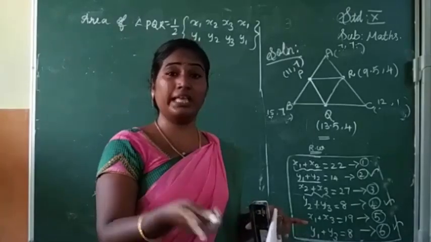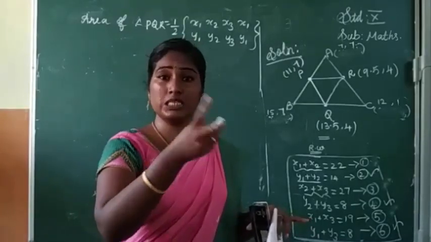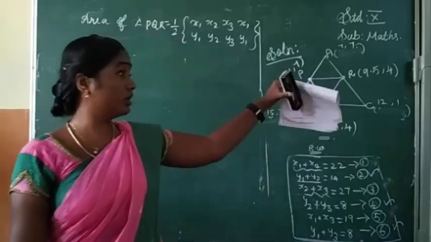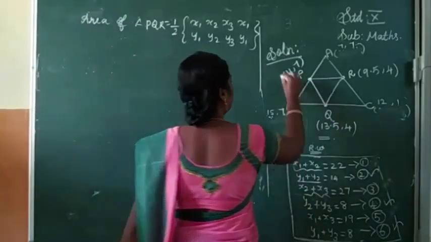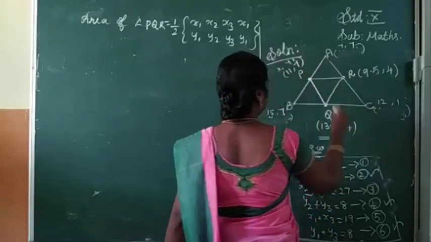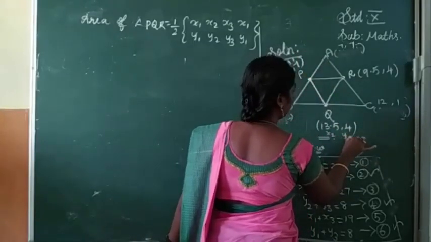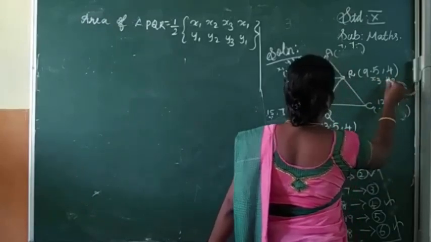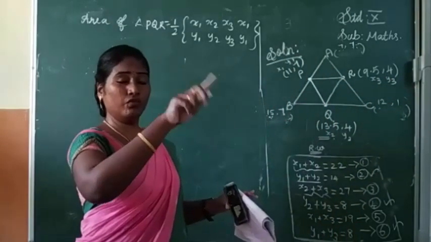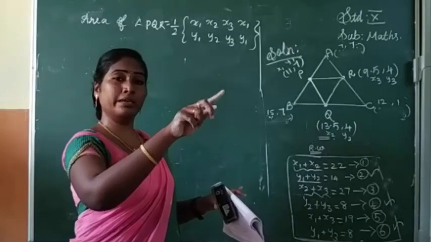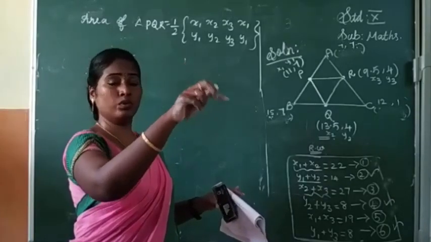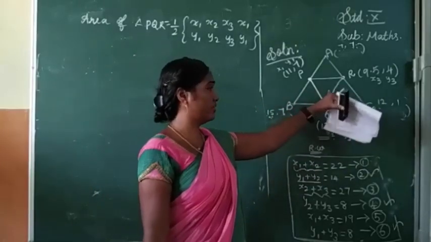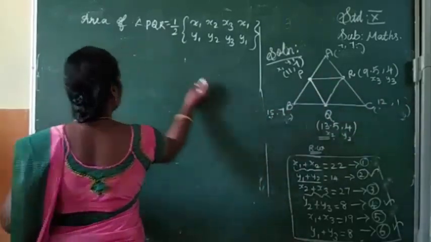So take the P coordinate as x1, y1, Q coordinate as x2, y2, then R coordinate as x3, y3. Just interchange that. If you want to find the area of triangle ABC, take A, B, C as x1, y1, x2, y2 and x3, y3. For PQR, you just interchange the variables to PQR.